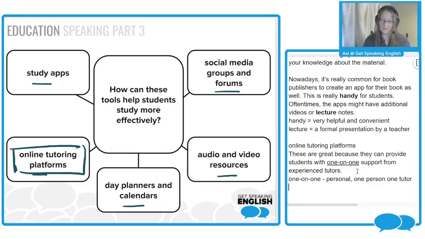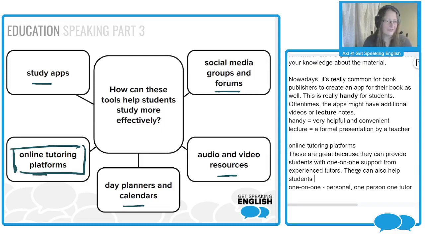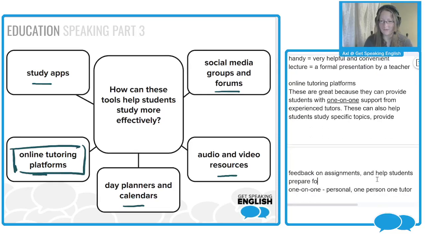They could also help students study specific topics. If we talk about a specific topic, I mean just one topic, narrowing in on something very exact. They could also provide feedback on assignments maybe, and help students prepare for an exam.